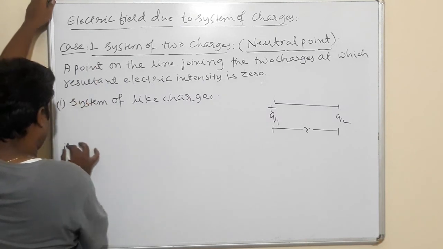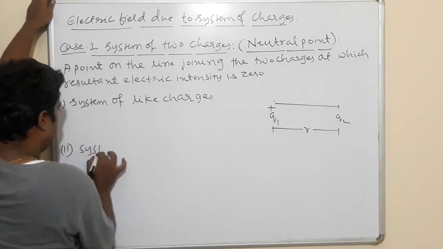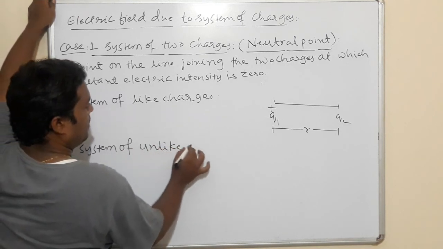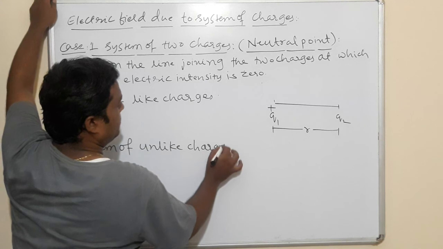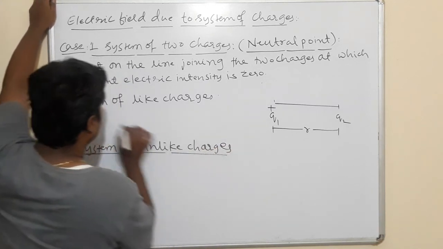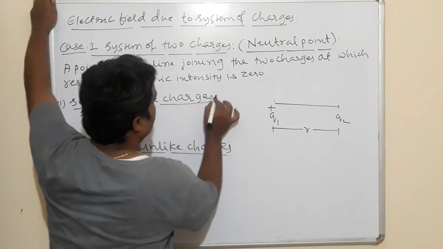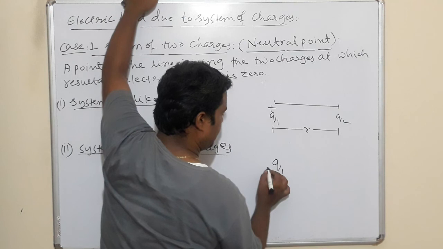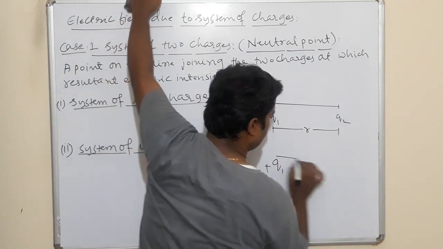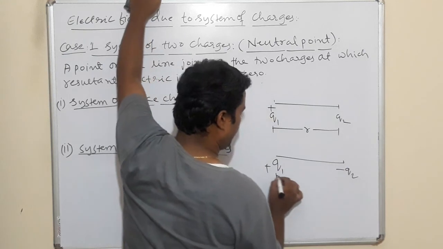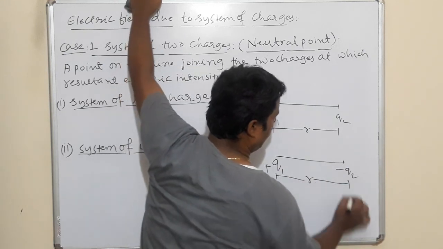In second case I will take system of unlike charges. Listen carefully. This is plus Q1, at some distance I will take minus Q2. Distance between them, let me call it R.